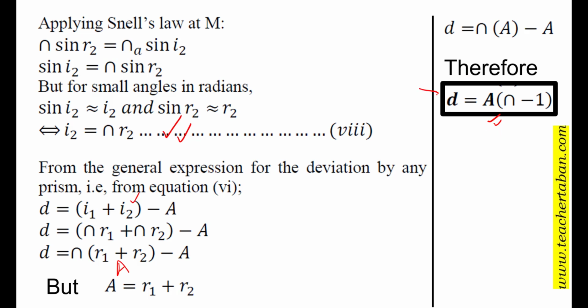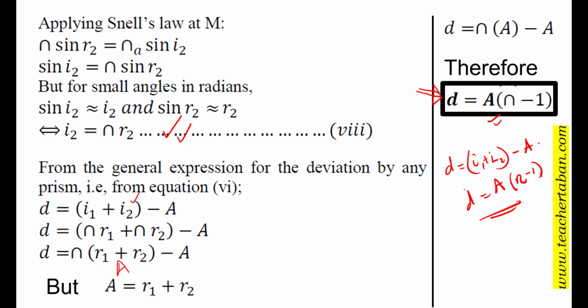Please, this is very, very important, as we shall be seeing later on, especially in lenses. So always remember how to derive these two equations. The first one, D is equal to I1 plus I2 minus A, and then for small angle prisms, proving that this is the same as that.